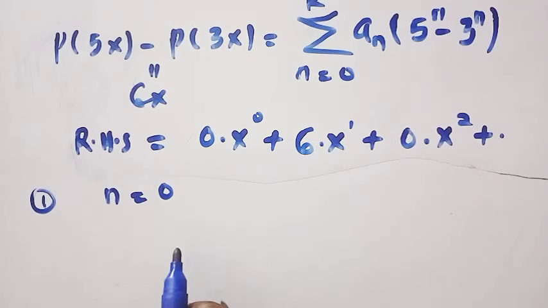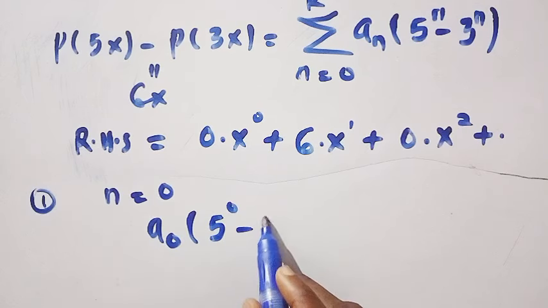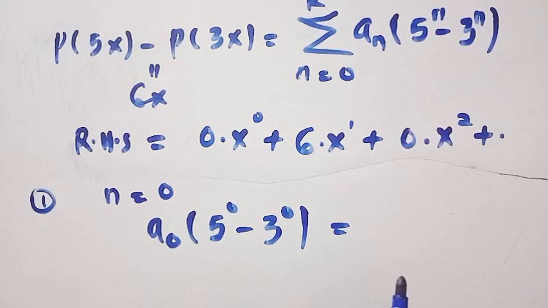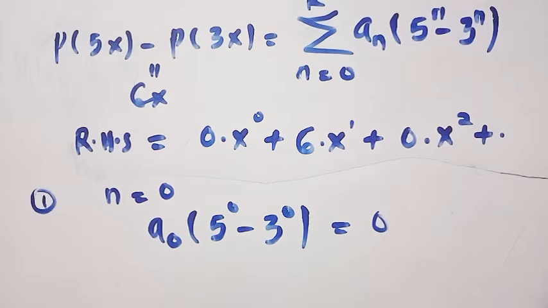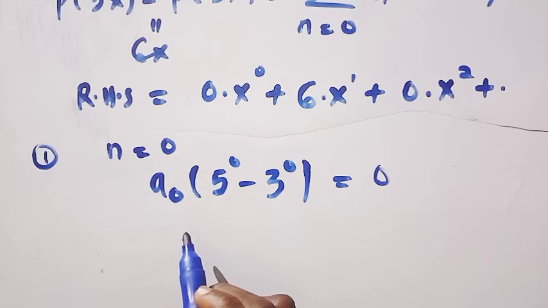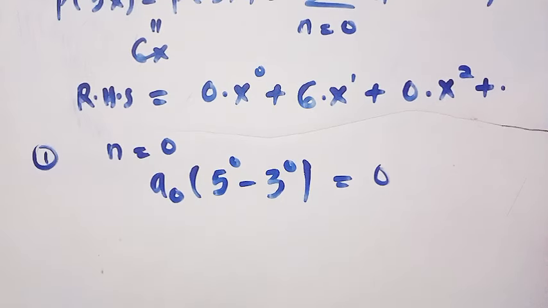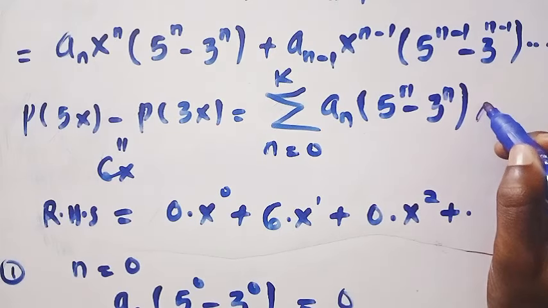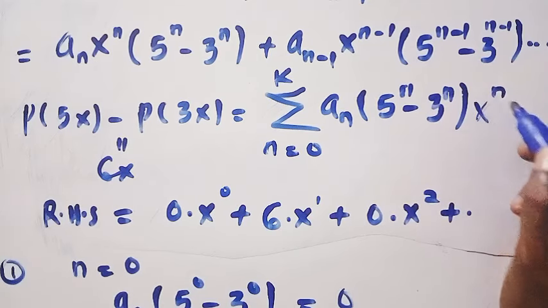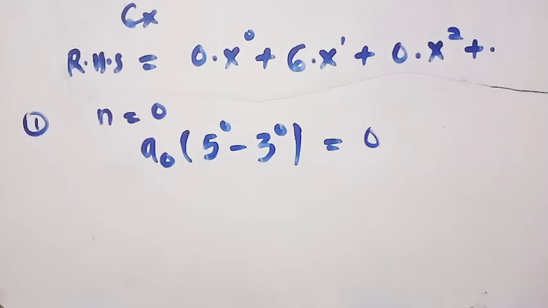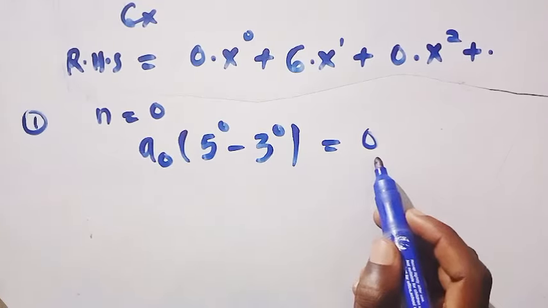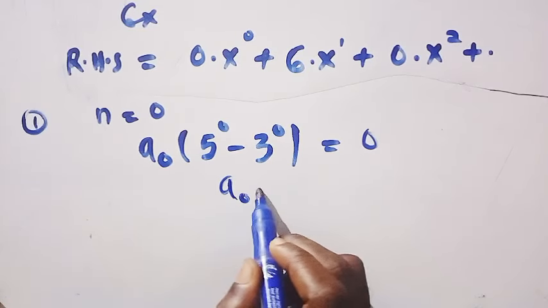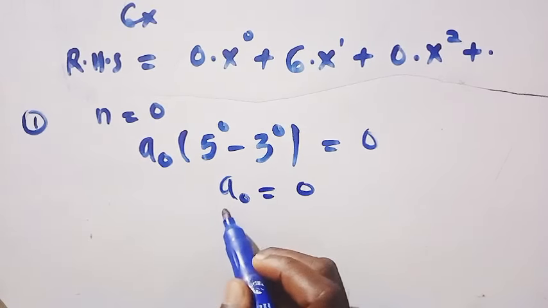If n equals 0, we have a_0 times 5 raised to power 0 minus 3 raised to power 0, and this equals the coefficient on the other side, which is 0. So a_0 times the bracket equals 0, and there is no restriction for a_0.